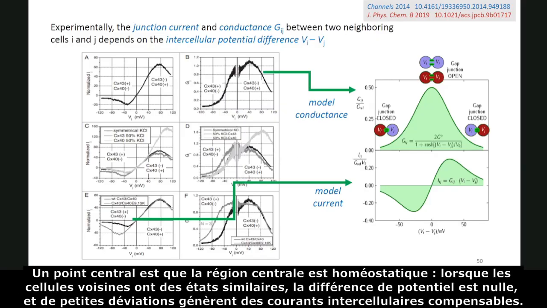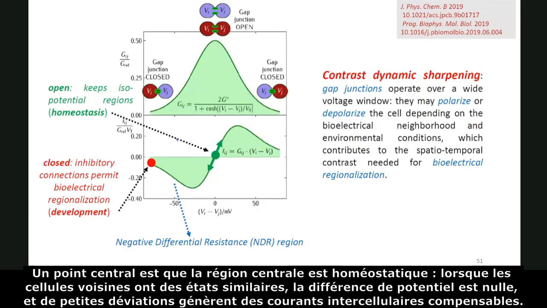Again, the important thing with these theoretical curves is that there is a central region which is homeostatic in nature. I mean, when you have similar polarized or depolarized cell states, the potential difference between the two neighboring cells is zero, and small deviations immediately give intercellular currents that can be compensated.